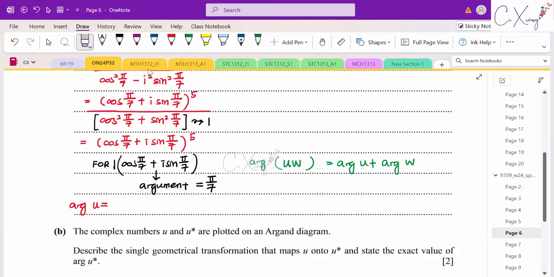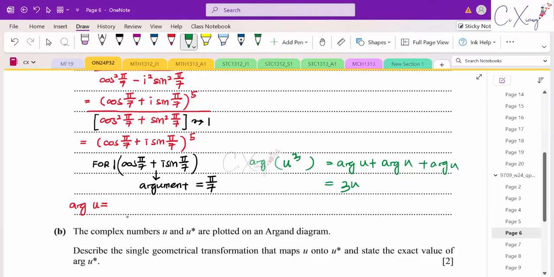So if you are having u square, that means u times u, so argument u plus argument u, which equals 2 times the argument. The same concept continues for u power 3: u times u times u gives argument u plus argument u plus argument u, which is 3 times the argument.